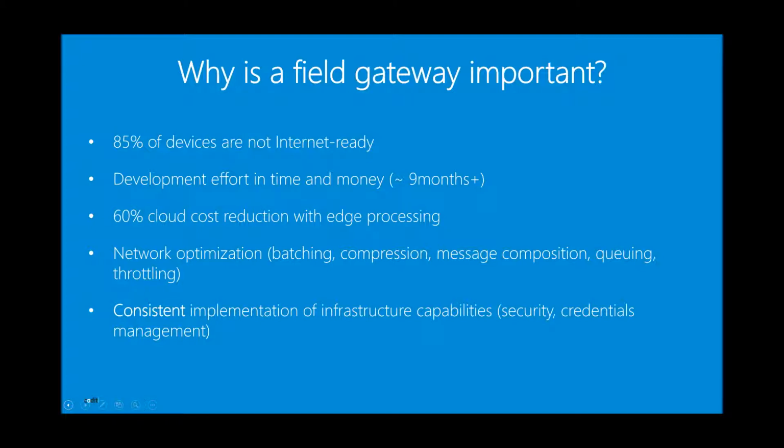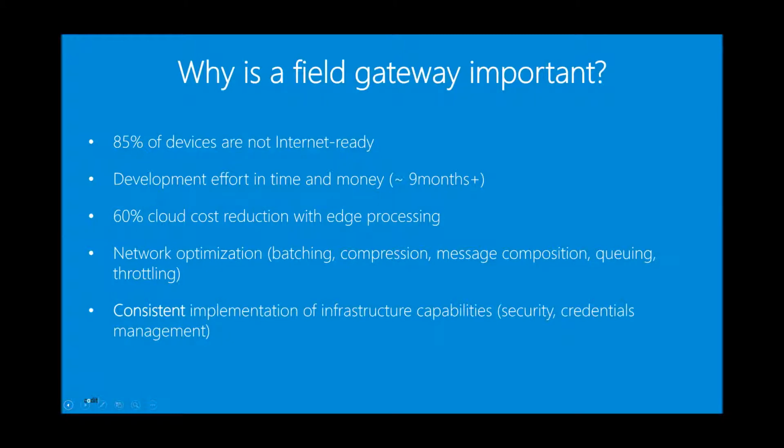Also, it's important for you to understand that if you are in a position to do edge processing, so if you can take the data from your devices and do some initial processing at the edge, on the field, and not on the cloud, you can achieve up to 60% reduction on your cloud costs. And this is really important because we see customers, when they start their first exercises in the cloud, they transmit all the data.